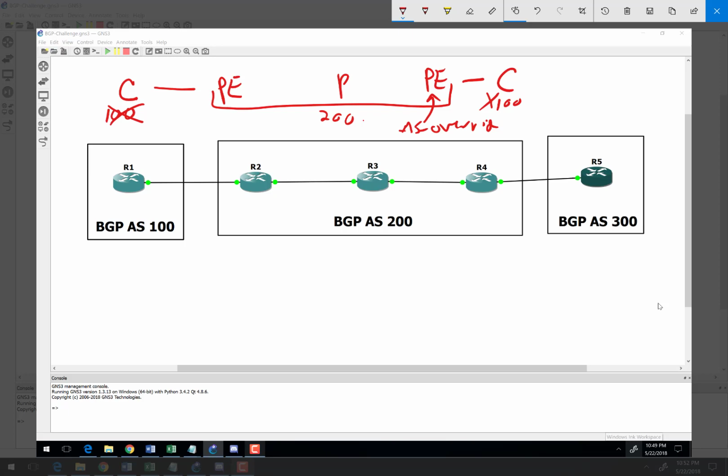Okay, so I thought, okay, that's perfect. That's exactly what I want to do. I want to use AS override here on router 4, and instead of 100, I just want to see it say 200 before it goes into autonomous system number 300.